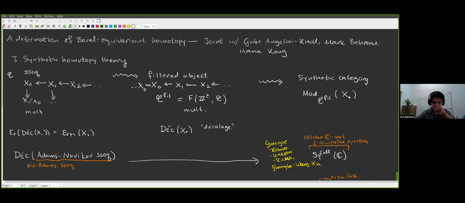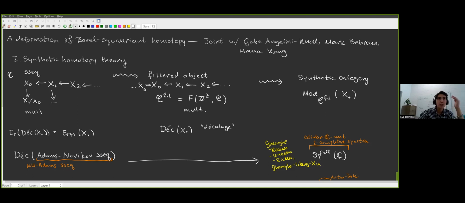So for example, the sphere will be integer-indexed in a non-trivial way because the indexing will correspond to the weight. So the w-th part in the filtered object that corresponds to the sphere, I think maybe there's a little bit of translation between the top thing and what you're actually taking modules over.